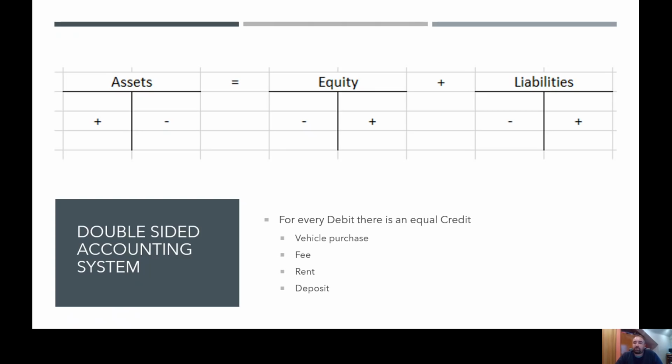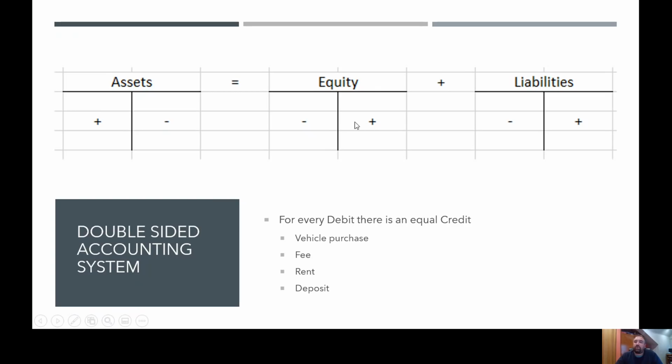Now, the way that I always explain that to the guys in these classes is as follows. If someone pays money into my bank, if I have to pay it back to them, the credit leg is a liability. If I don't have to pay it back to them, the credit leg will be equity. So in this case, if I generate a fee and I show that as an asset under the client's name, when he pays that, will I have to pay that money back to him?